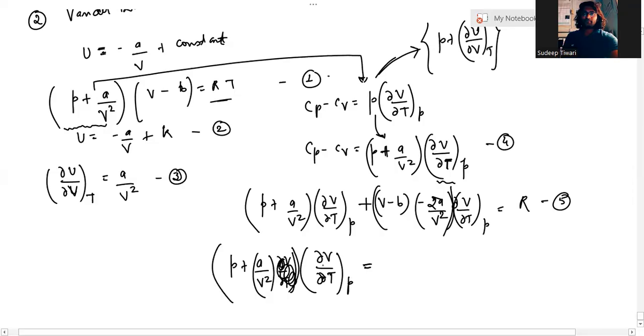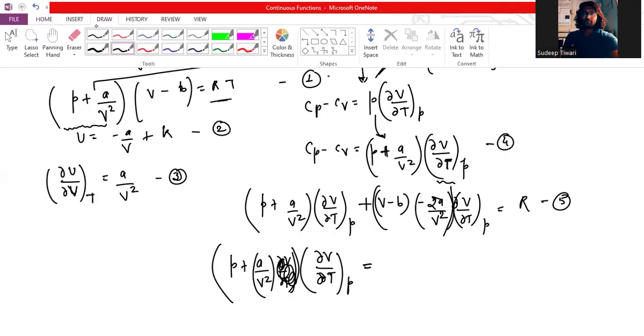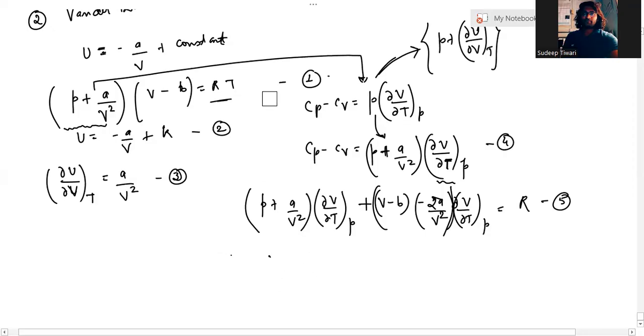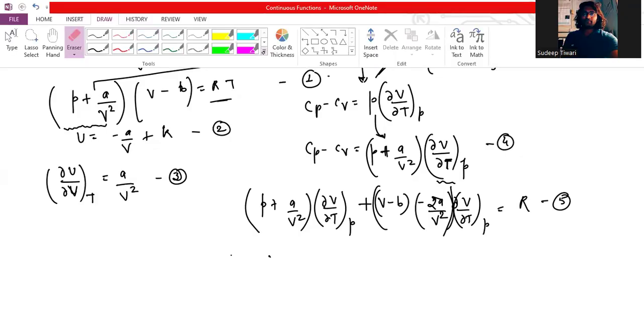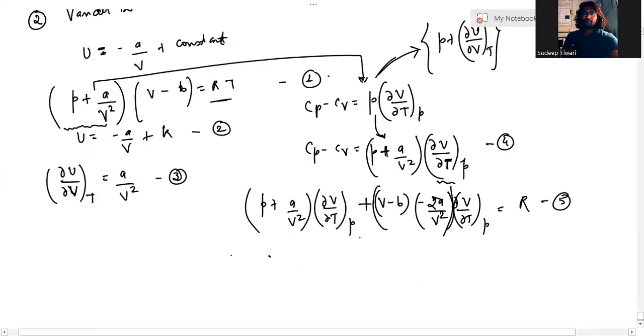How to write this? I think this is quite complicated. Just give me a minute. Okay, so what was I doing? Let me just do a little bit of calculation here.